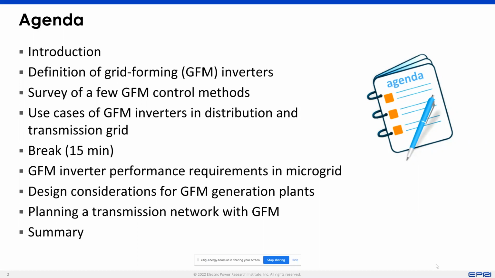Trying to identify from a planning perspective, transmission planning perspective, how do you plan for the size of grid forming? Where do you plan to locate grid forming inverters? How can you decide if a new inverter-based resource that's coming into the system should be grid forming or not, or it is beneficial to be grid forming or not? We'll touch upon some of those. And the content will revolve around providing similar examples from modeling across popular software that we all use.